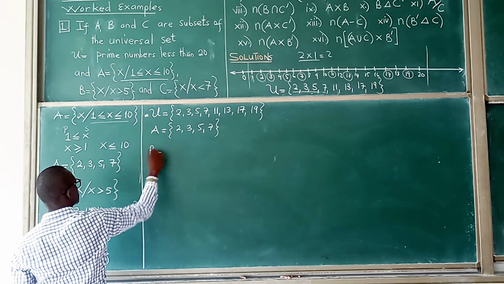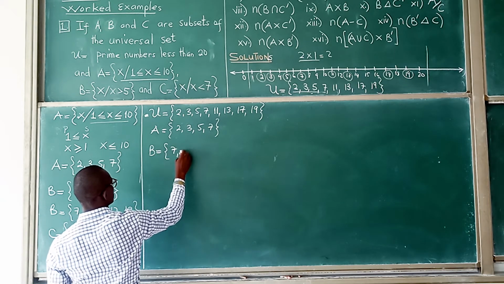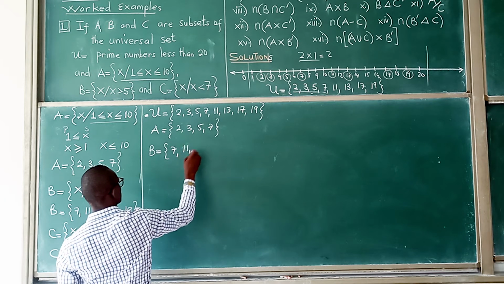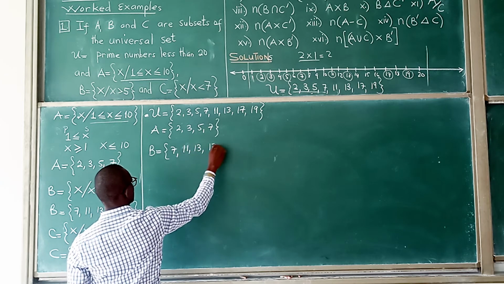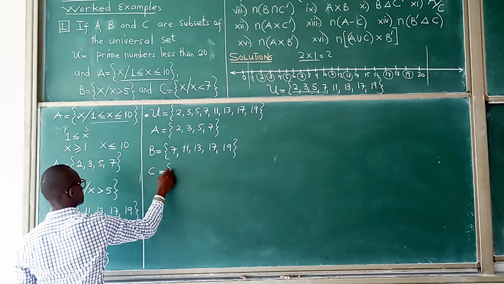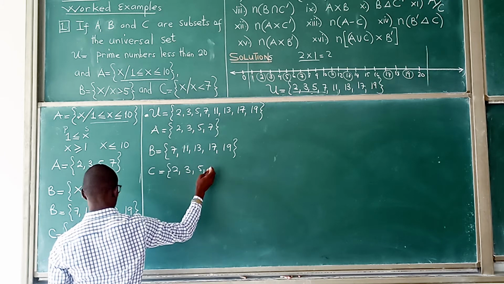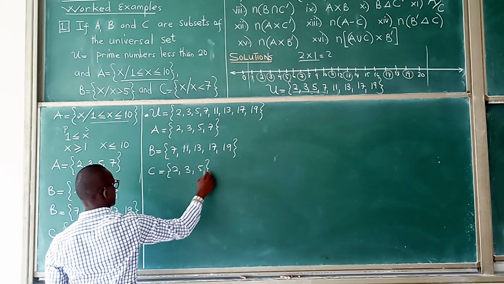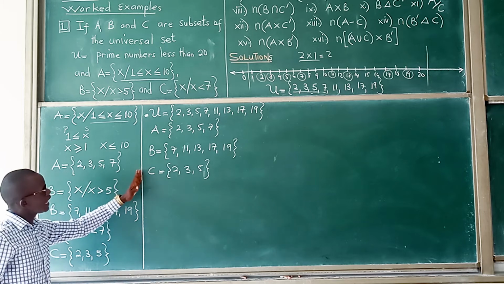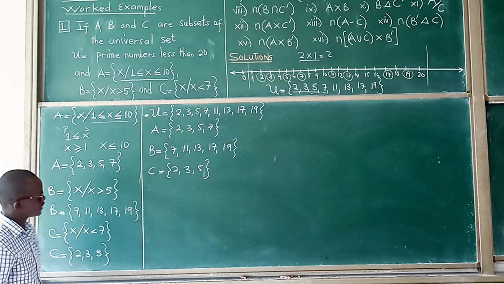Set B now is all those elements greater than 5: 7, 11, 13, 17, and 19. And then set C now is 2, 3, 5, all those elements less than 7. So these are the elements of the universal set and the 3 other sets given.